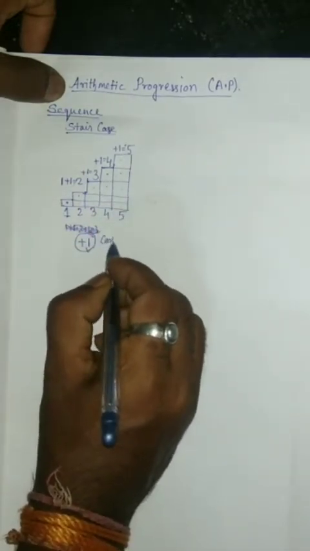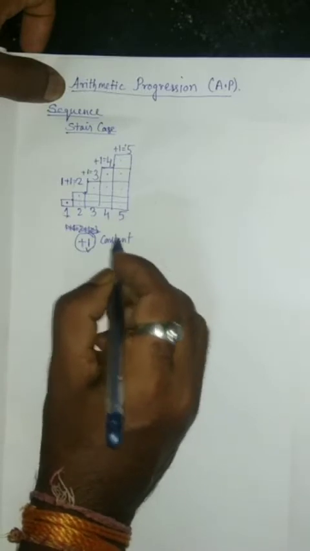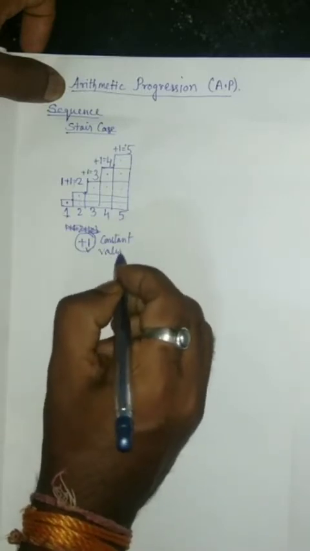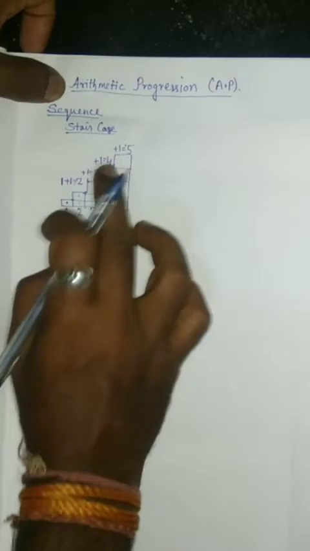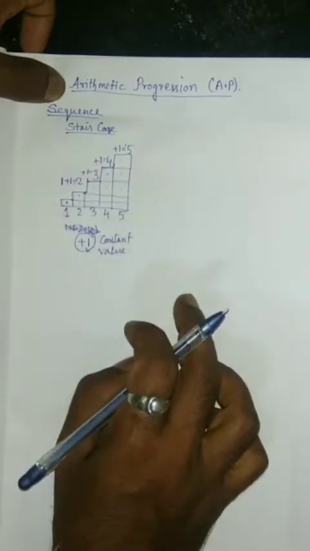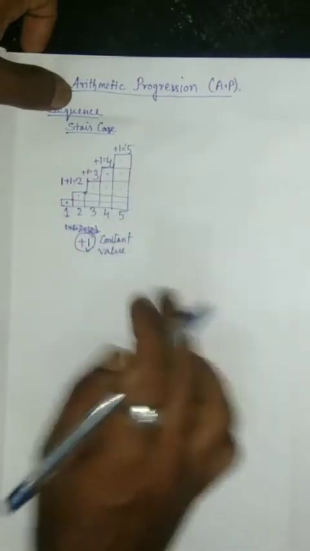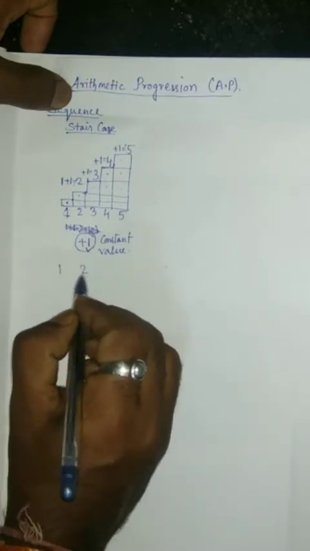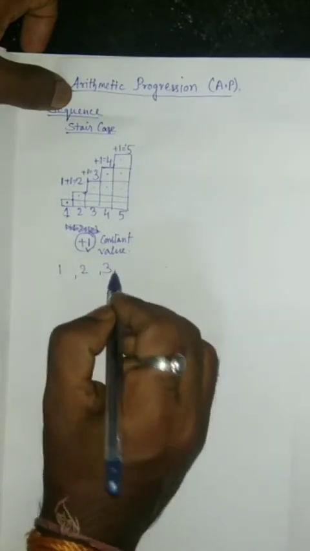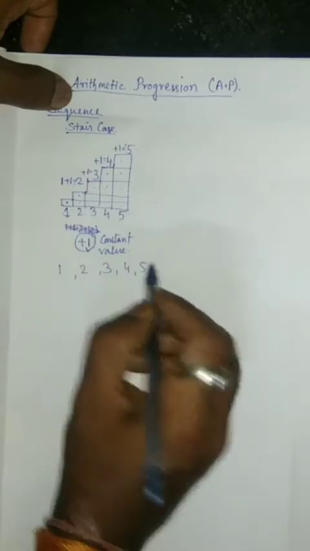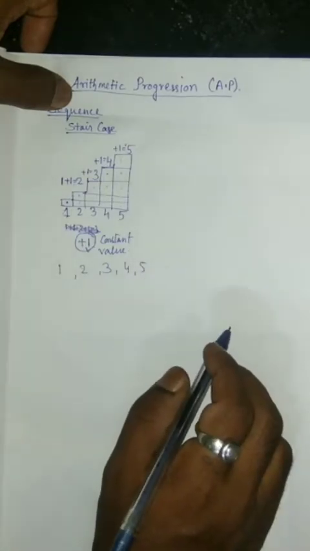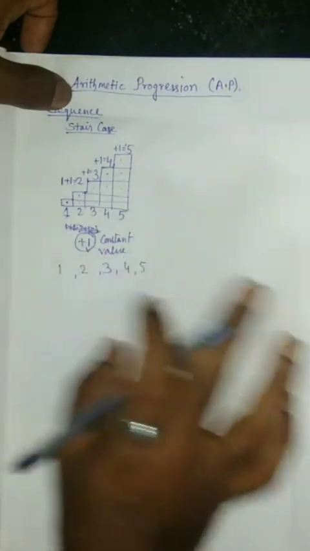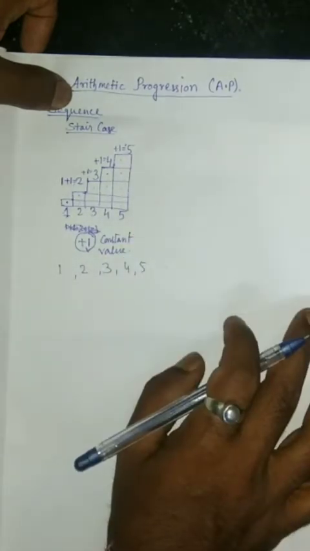This is my constant value, which I am adding in every step. So what are my numbers? 1, 2, 3, 4, 5. Okay student? And the common constant value between each number is 1.